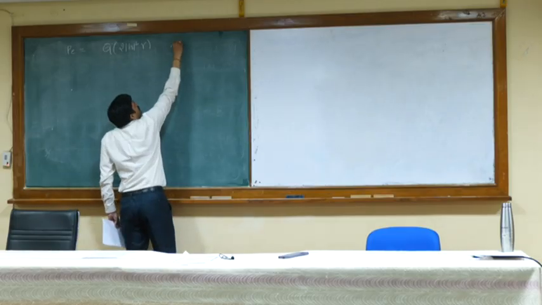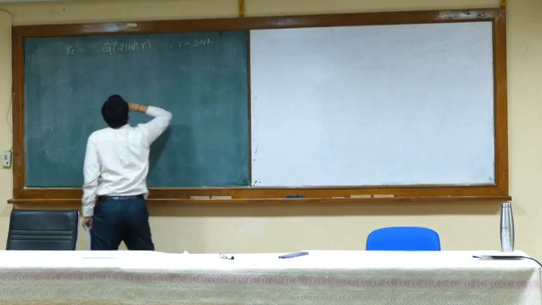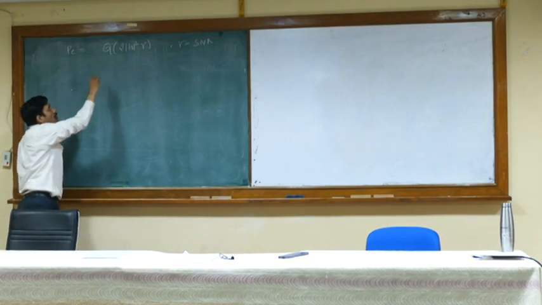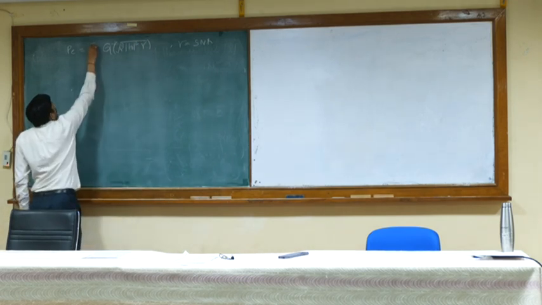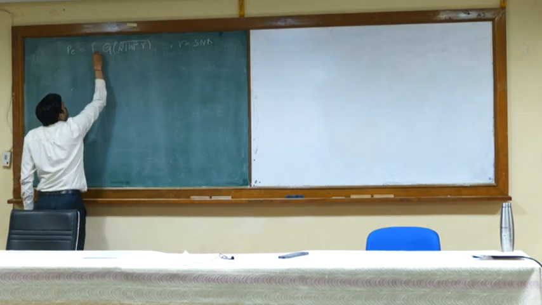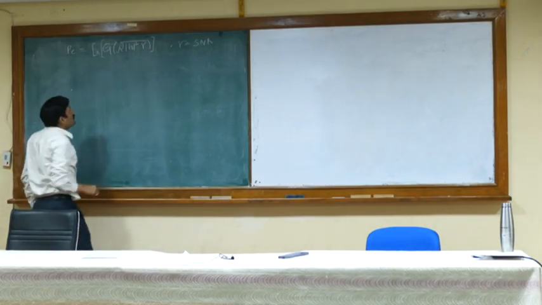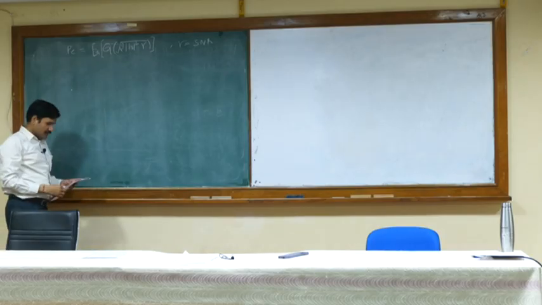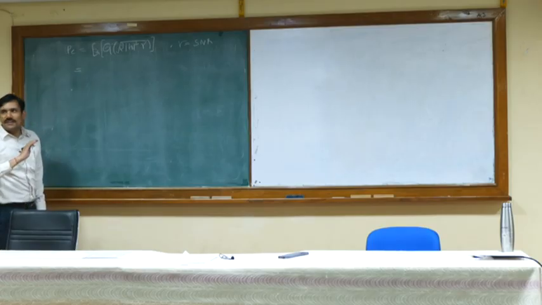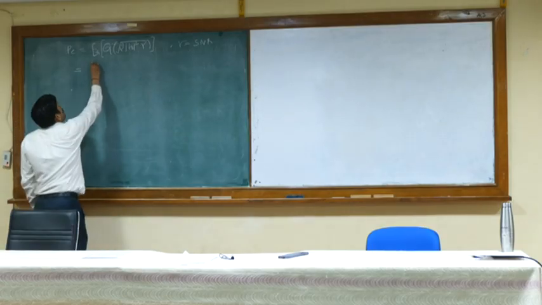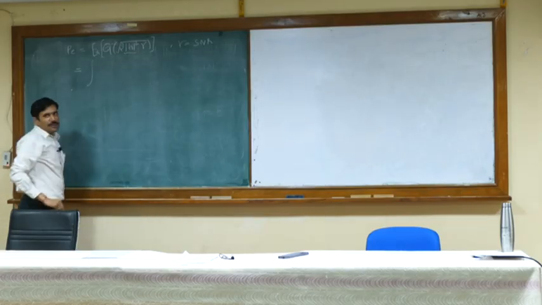Okay. So this is what we have derived yesterday. And now we have to take the expectation for H. Okay. Everybody knows how to take the expectation, right? So we have to take the expectation with respect to H.